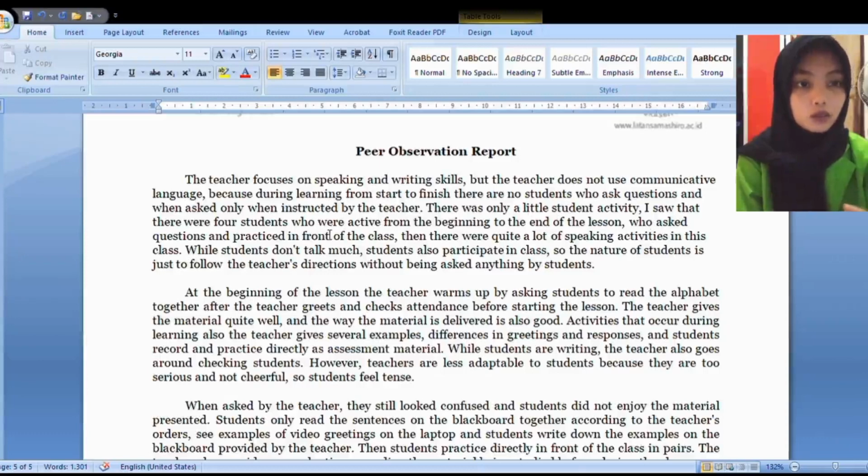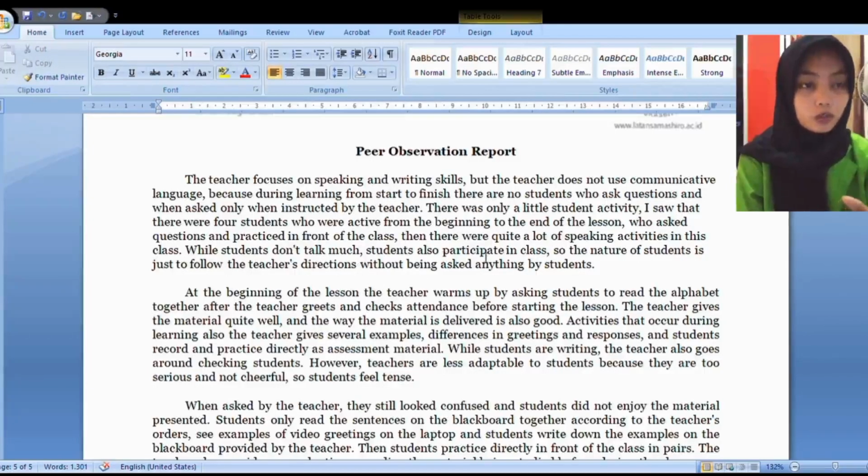There were 4 students who were active from the beginning to the end of the lesson, who asked questions and practiced in front of the class. Then there were quite a lot of speaking activities in this class. While students don't talk much, students also participate in class.